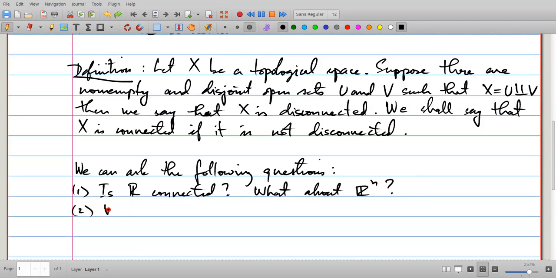And what are the connected subspaces of R?